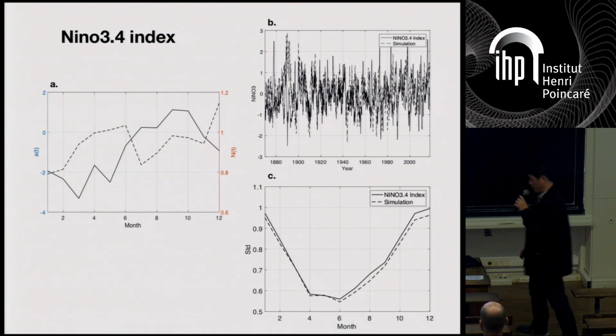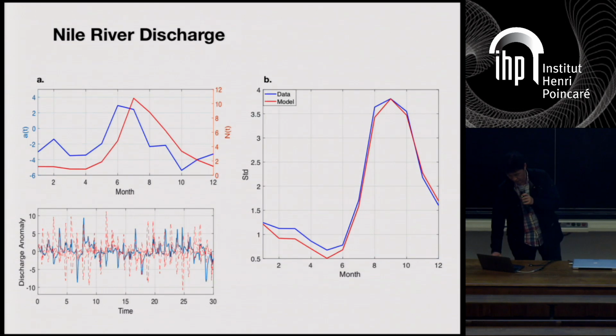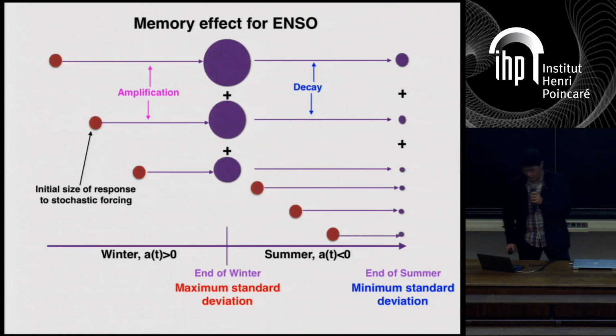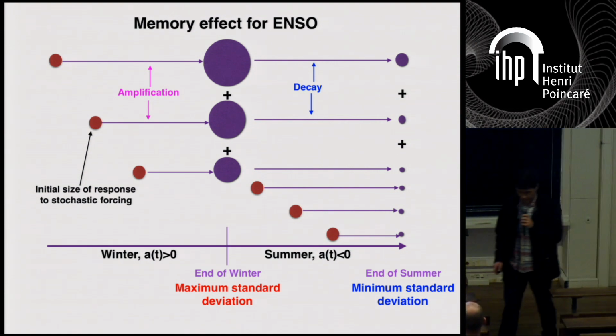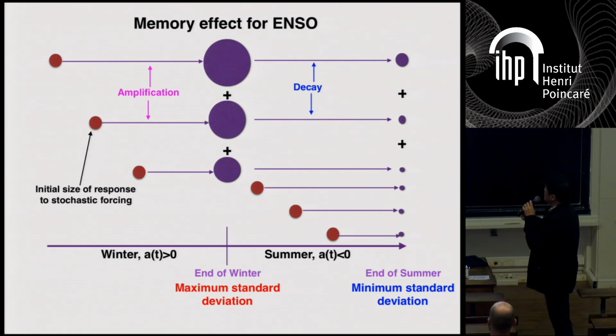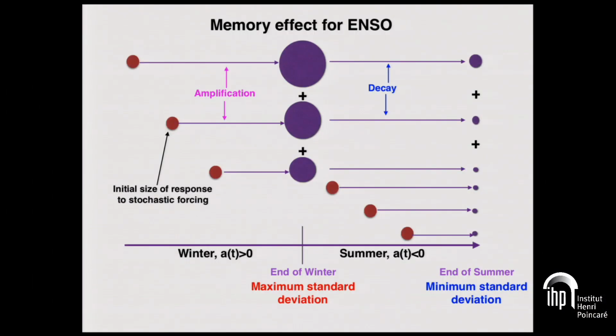Based on this model, I just want to show what kind of things could be explained. If there exists a positive feedback in some climate phenomenon, there is a time when AT is positive and a time when AT is negative. For example, in the case of ENSO, from the summer to the winter AT is positive, and the rest of the time period is negative.